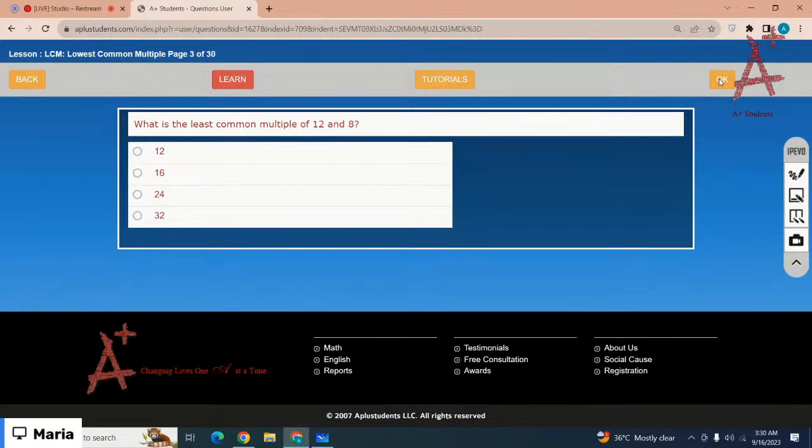What is the least common multiple of 12 and 8? So which is the correct option? You can do the question now by yourself and write the answer in the chat box. I'm waiting for the answers from your side, right?